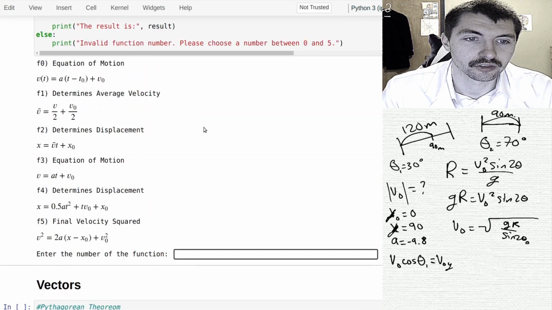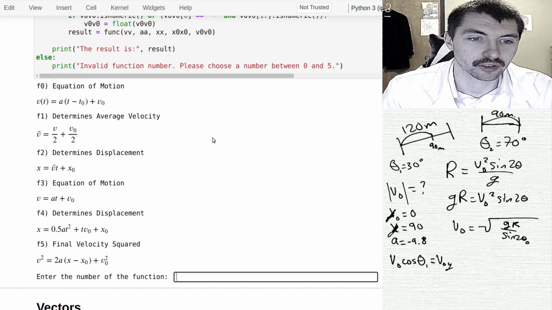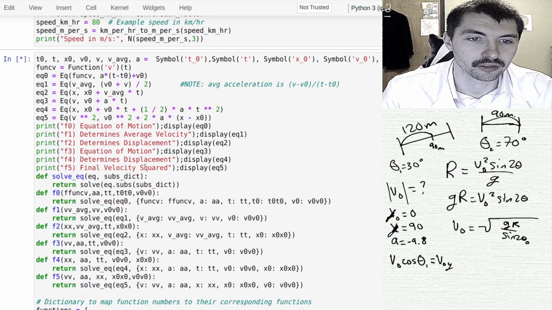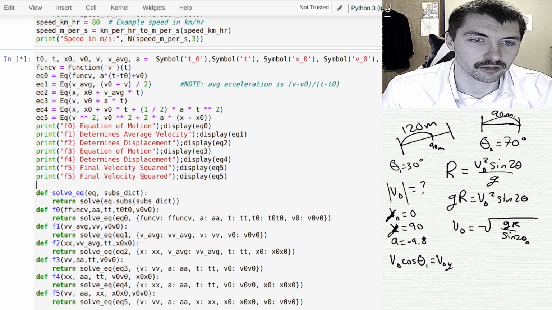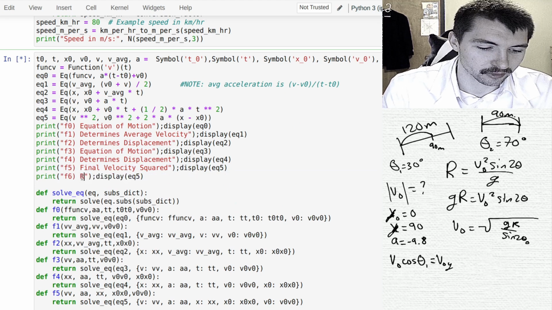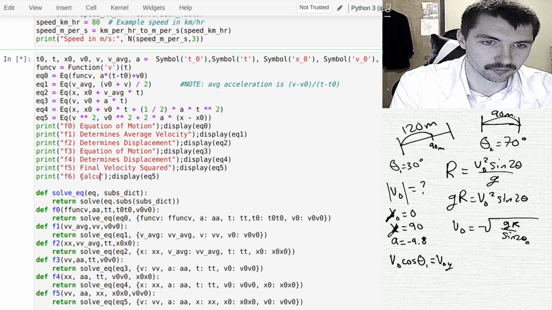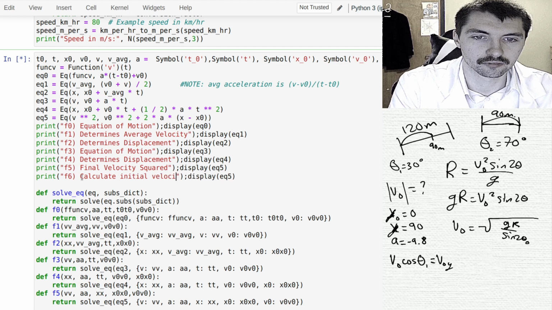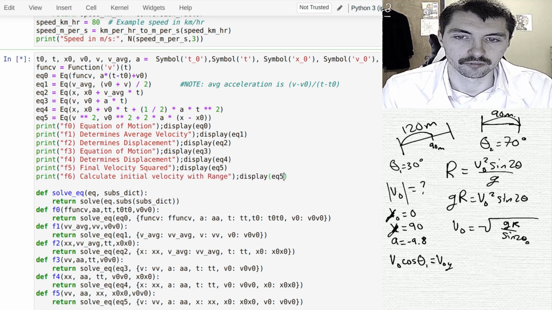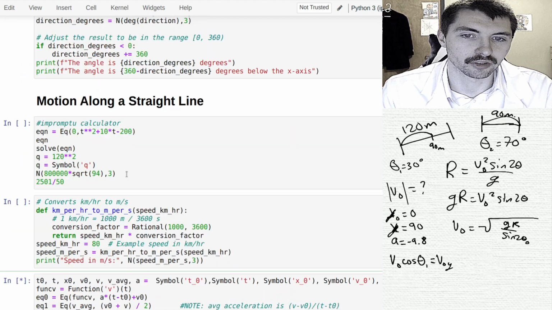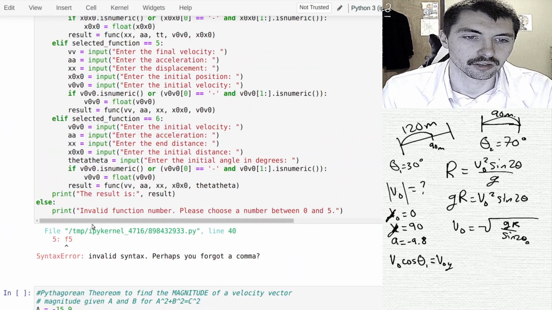See if this works. Okay, we missed displaying it. We want to display it. F6. What is this called? Range. Oh. Disregard. Right here, F5.